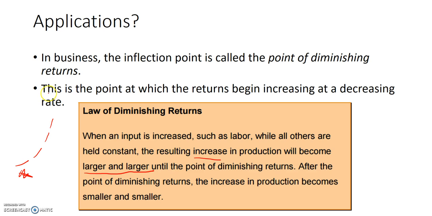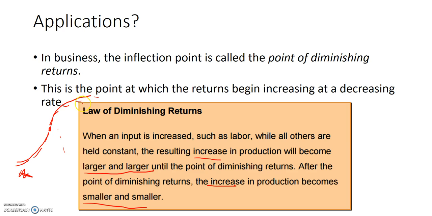So it's not that the function starts to go down, it's just that after the point of diminishing returns, the increase in production, increase is the key word here, becomes smaller and smaller. So again, we have this concave up shape to this concave down shape.